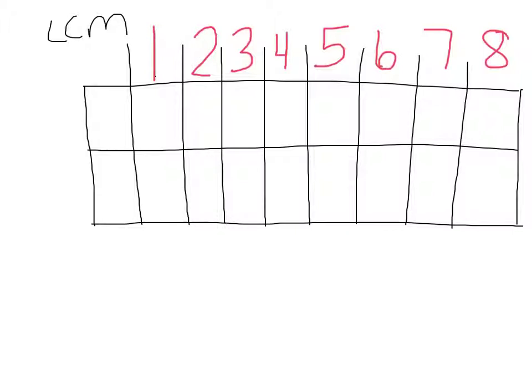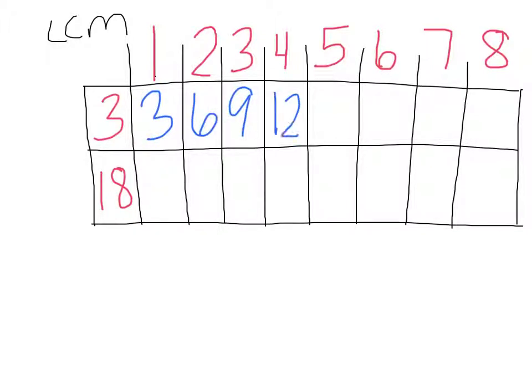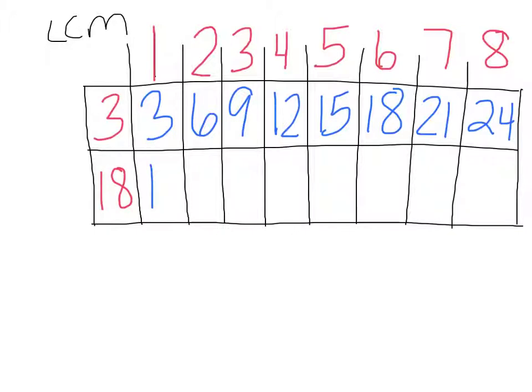We're going to do 3 and 18. So we'll go through the 3's first. We've got 3 times 1 is 3, 6, 9, 12, 15, 18, 21, 24. And then we'll go through the 18s, and we've got 18.